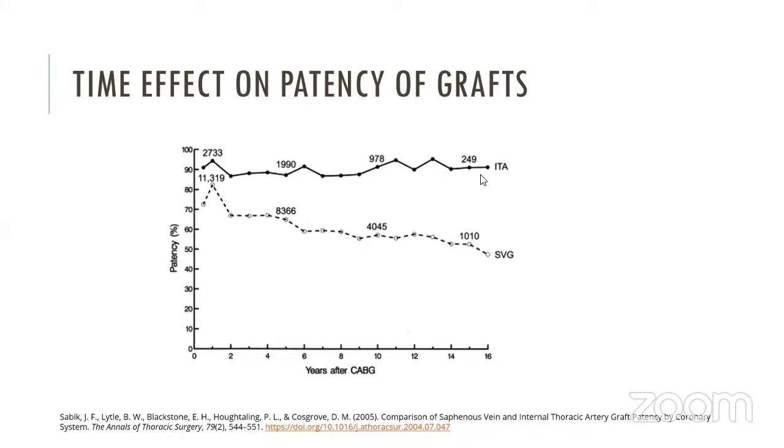It looks like the IMA is not affected by the passage of time. It's nearly timeless. However, the saphenous graft reacts differently to the passage of time. With more time and more years passing, more saphenous grafts will be occluded. This is showing around 50%, but in different studies, you'll see anywhere from the 40s up to the 60s.